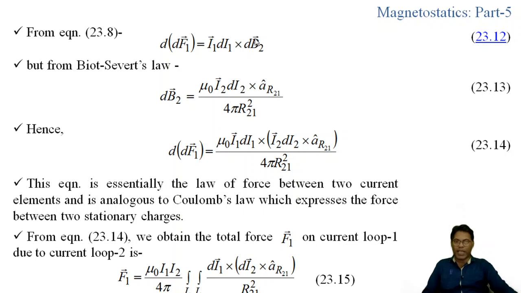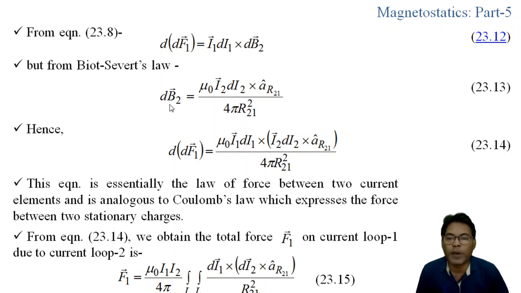Here dB2 is the external magnetic field produced by loop 2. Now using the Biot-Savart law, we know that the magnetic flux density, or magnetic field intensity, dB2 equals mu naught I2 dl2 cross aR21, where aR21 is the unit vector from the current element I2 dl2, divided by 4 pi R21 squared.